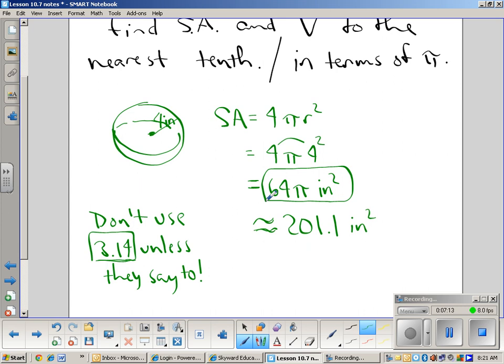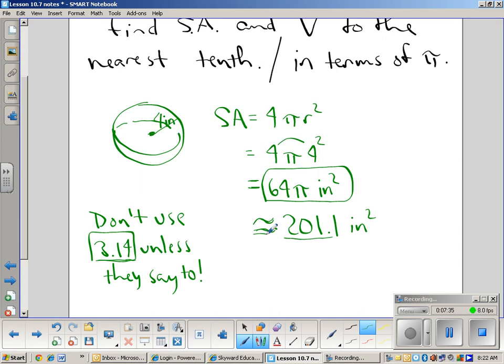There's no rounding, there's no approximating going on there. Pi represents the exact number, and 64 is an exact number, and so that's accurate. This, we rounded it off, so that's an approximate. Any questions on this surface area?